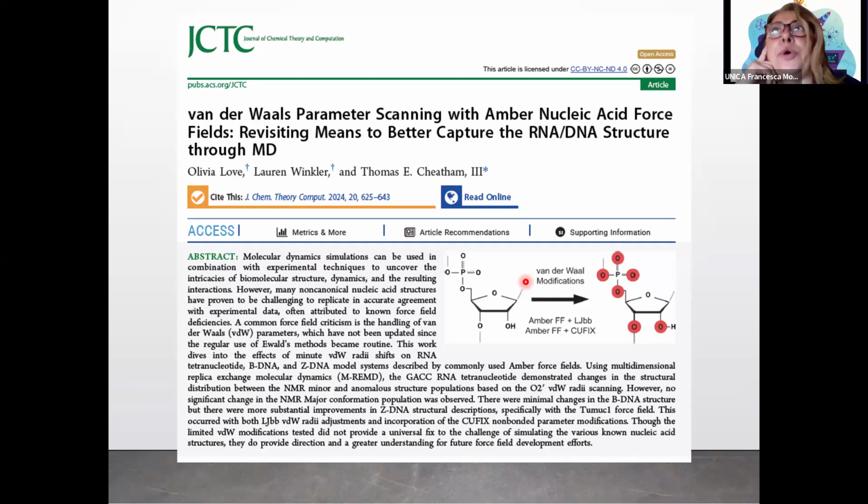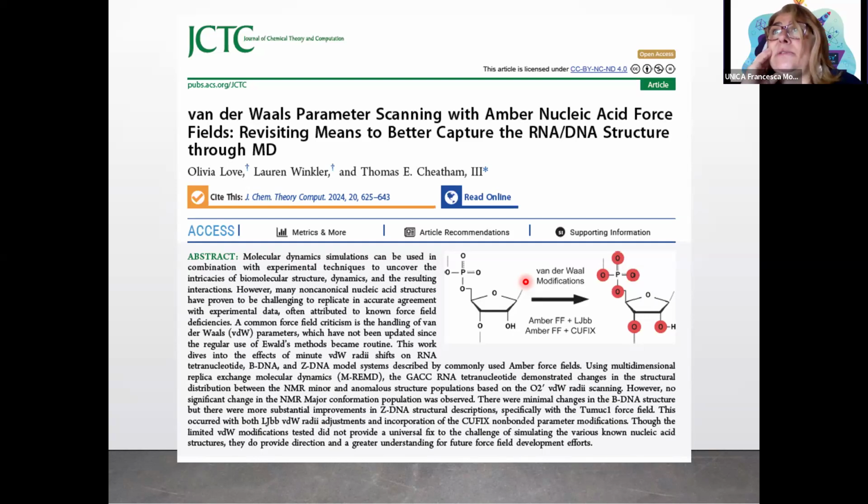As a pertinent example, Sergio in his excellent lecture mentioned the Ewald summation method, or the particle mesh Ewald method, for calculating the electrostatic interaction.